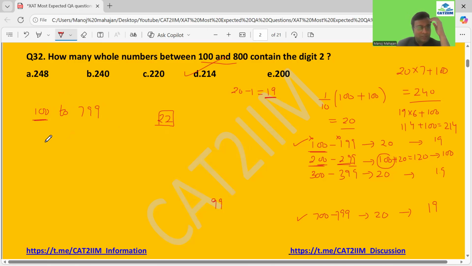So if I calculate the simple total numbers in this range, we can apply the maths also to get this, but the basic thing I'm using. So how many numbers are we going to have in this range? That would be 700, including the 100 also. So what I'm doing out here is we have to subtract the numbers which do not have 2.